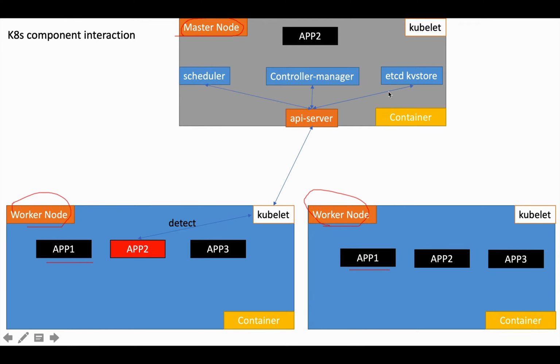Now if the CEO has learned that factory A is not suitable for producing, such as F2, which is responsible for producing glass, he tells the information to the scheduler through the API server, through the secretary.